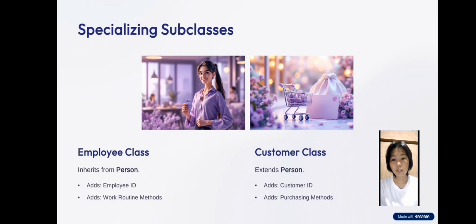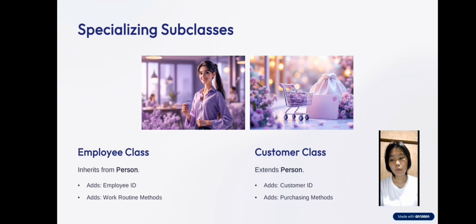Subclasses like customer or employee can inherit those features and add their own, such as purchase info for customers or employee ID for employees. And also, this creates a clear and logical relationship between classes.